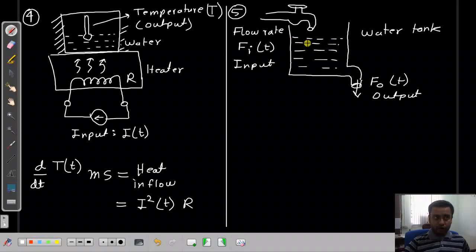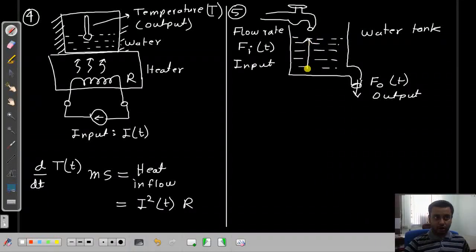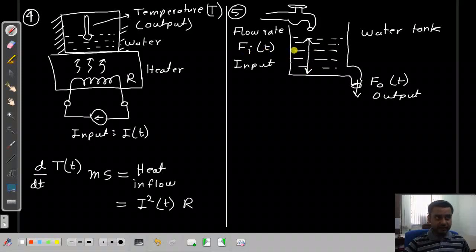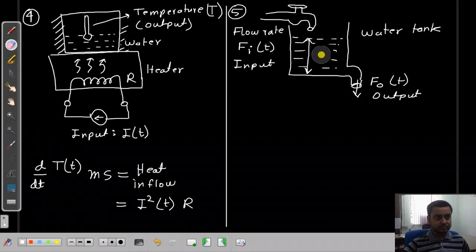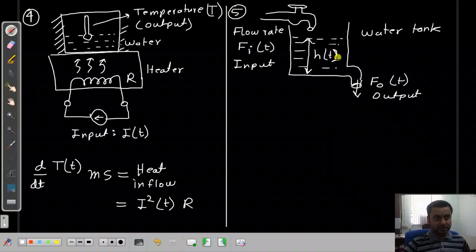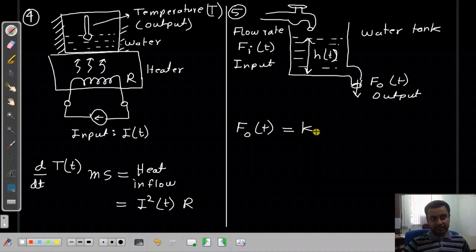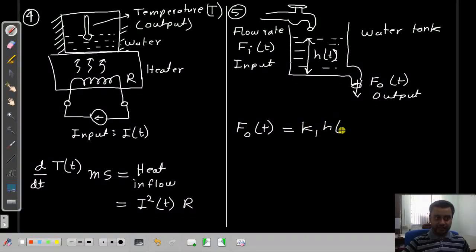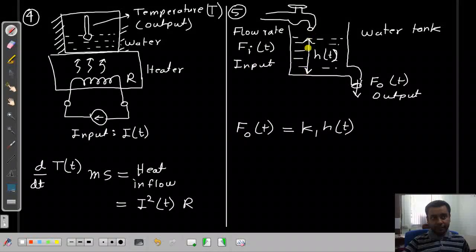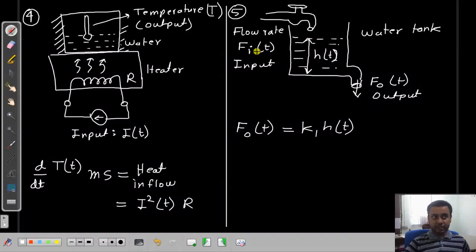If I call the height of this water level H(t), then we know that the water flow rate outward depends on the pressure of the water, which depends on the height. So I can write this as some constant K1 times H(t). Now the height of the water changes depending on both the input and the output flow rate.